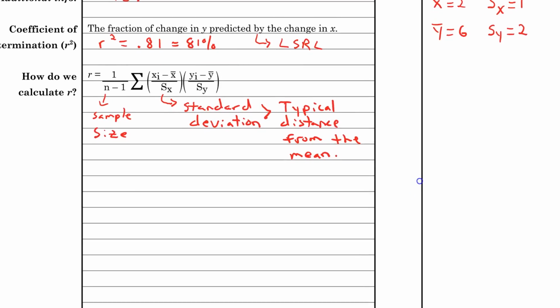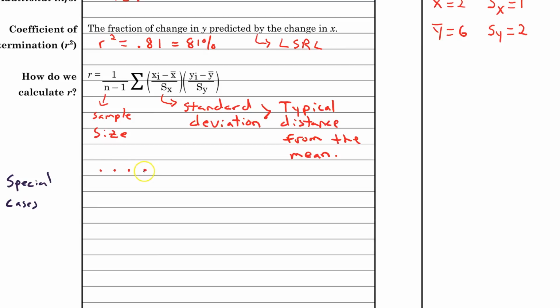Let's talk about some special cases of r that aren't going to come up with real data but will potentially help your understanding. Special cases. If you have data that happen to be perfectly in a horizontal arrangement like this, a straight line horizontal, you can see that there is no variation in terms of the y value.